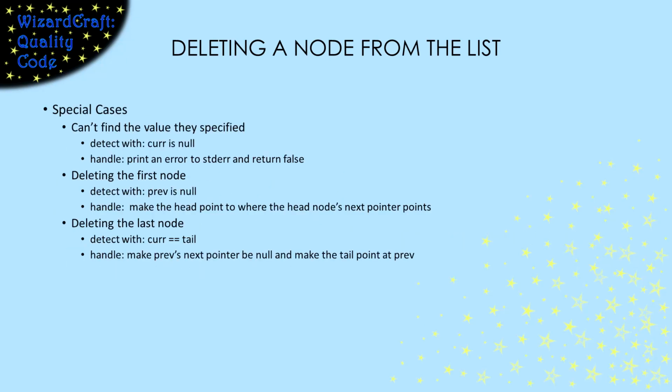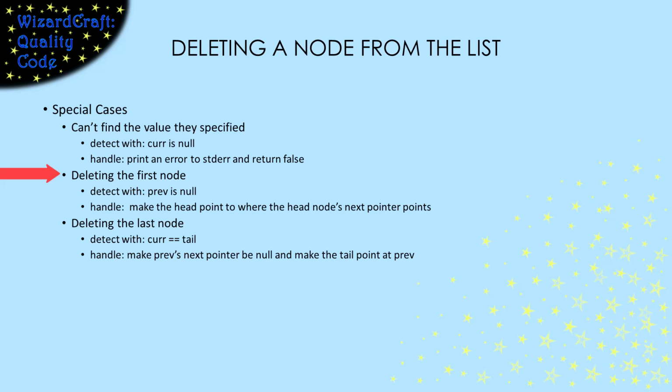However, there are 3 special cases we have to worry about. First, if we walk off the end of the list, cur will be null, and that means that we didn't find the node that we were supposed to delete. We can output an error and return false so that the caller knows that we couldn't do the delete. The other 2 special cases, again, involve when we need to move either the head or the tail pointer.